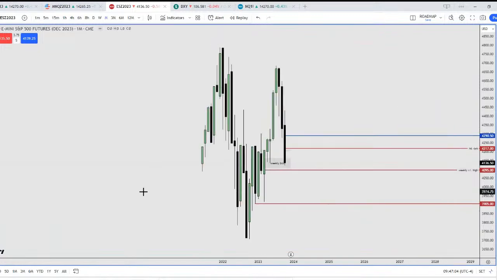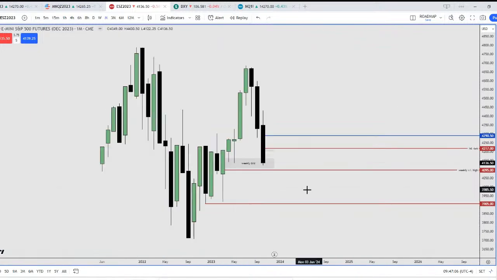For ES monthly, you can see that we are closing really close to the mean threshold of this down close candle. Okay, so I am basically using this down close candle as a propulsion order block. Okay, I'm not sure if it is correct. Please do not quote me on this, but I am using this as a propulsion order block.